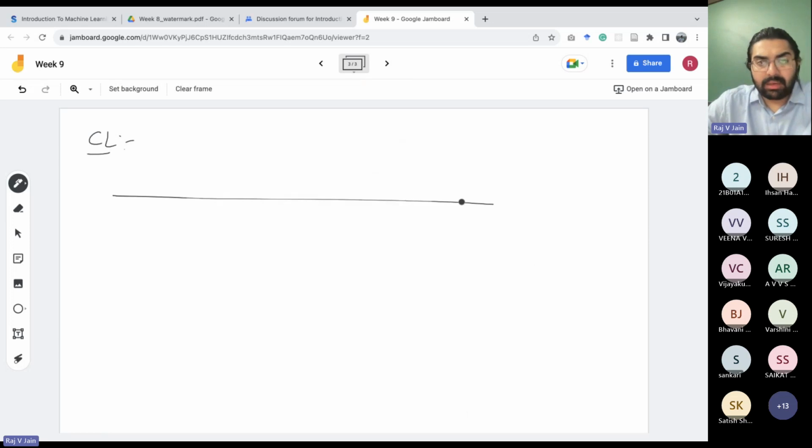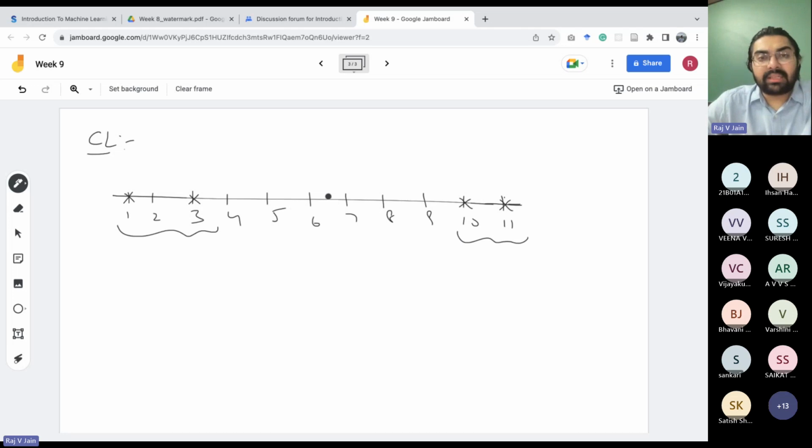And so one example, I think, again, let's consider a one dimensional system. So something like this, 1 and 3, and again, let's say 10 and 11 here. And then what we saw was, let's say complete linkage, right? So these two will get clustered first, and then these two will get clustered. Now consider a point like 6.5, right?